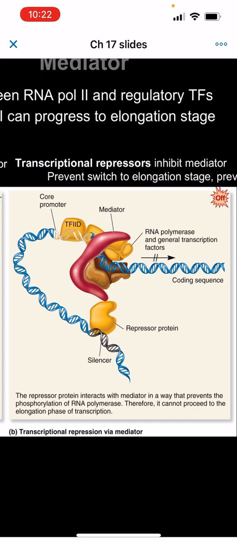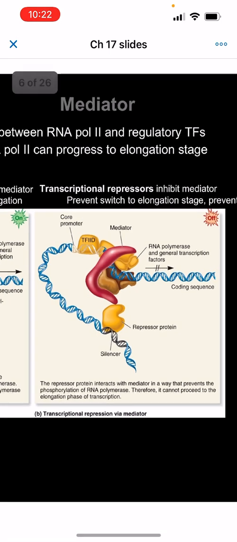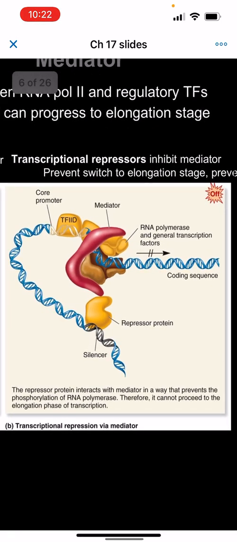Mediator is actually holding RNA polymerase at the transcription start and preventing it from switching to elongation because of this repressor. Okay, so some repressors are going to inhibit mediator, some activators are going to stimulate mediator and help RNA polymerase move into the elongation phase. So that is going to upregulate transcription.